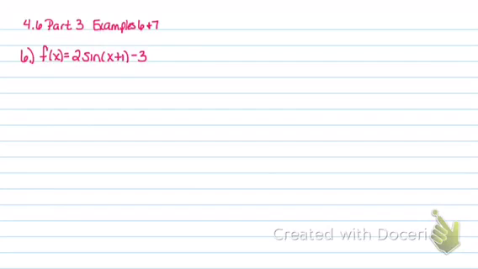Okay, so this is just like finding the inverse of any equation. We're going to follow the same exact steps. Remember, step 1 was to replace f of x with y.